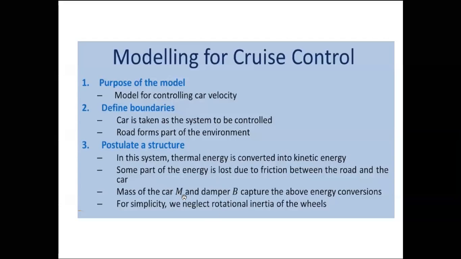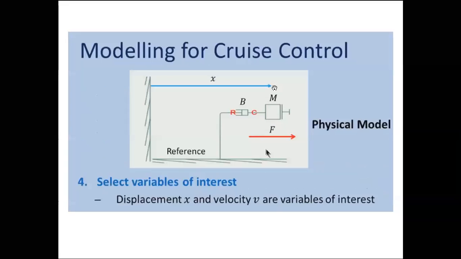What is the postulation of the structure? If you see this diagram, I am saying that I have mass, this M of the car, which opposes the force generated by the engine, and that is mass. And subsequently, the friction between the car, the tires and roads, or the car and the external environment, that is shown as B. These are all opposing forces.